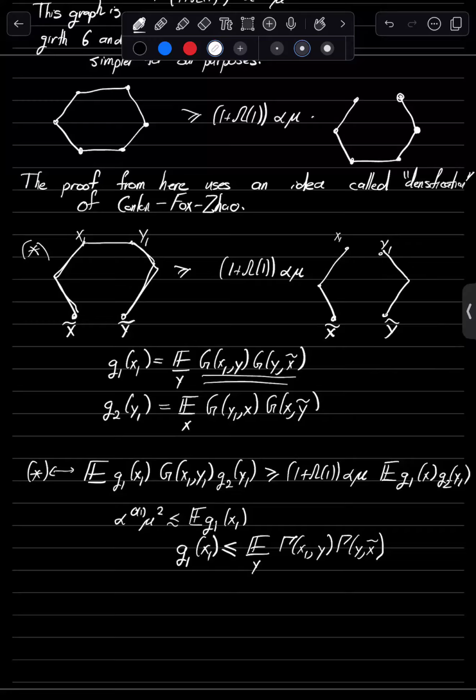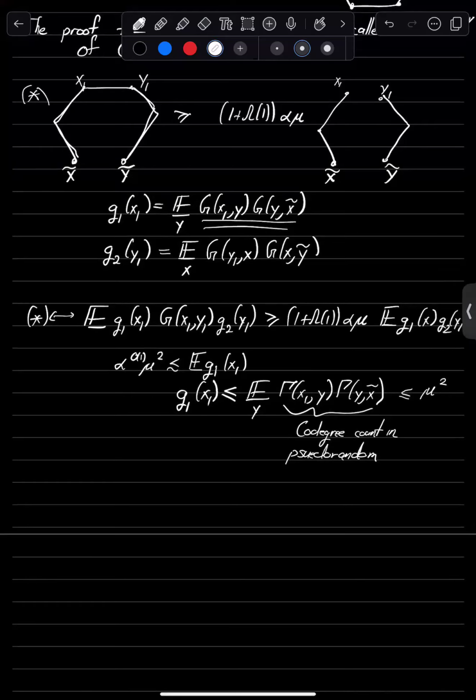This is just by the fact that g is bounded by gamma. And so this is now some codegree count in a pseudo-random graph. This is not true literally always, but for our purposes, you can basically assume that this is just bounded by mu squared always.